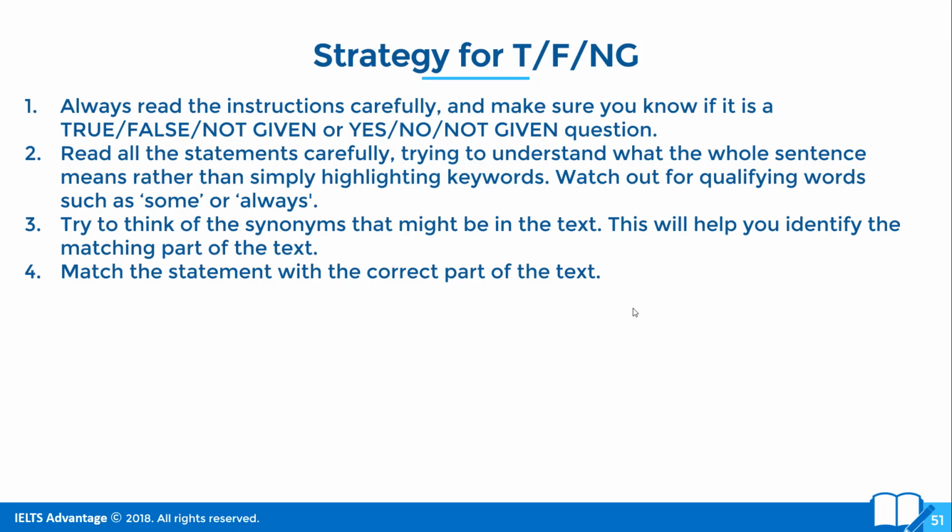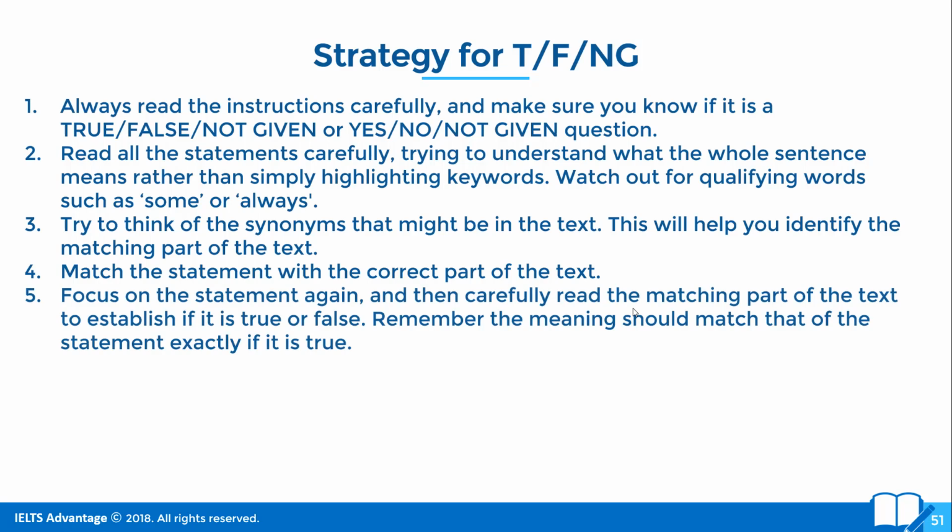So you're looking at the words in the statements or the synonyms and you're locating the area that you need to look at. Focus on the statement again and then carefully read the matching part of the text to establish if it is true or false. Remember, the meaning should match that of the statement exactly if it is true. So you've located the area.